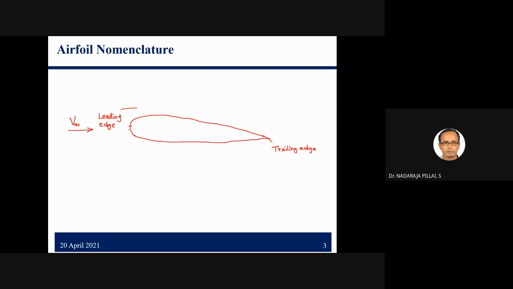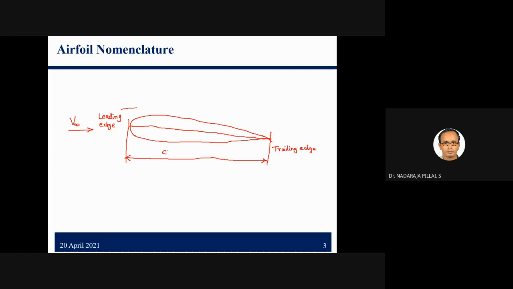And the shortest distance which joins the leading edge and the trailing edge is called the chord line.